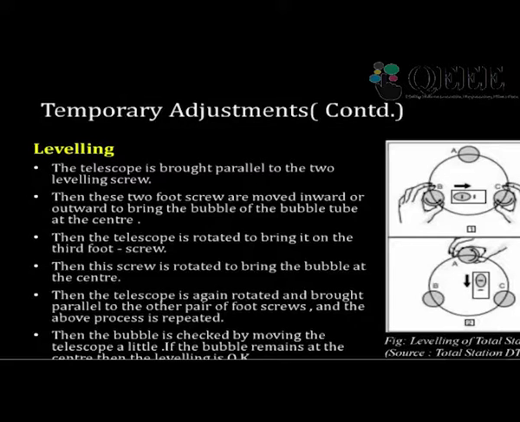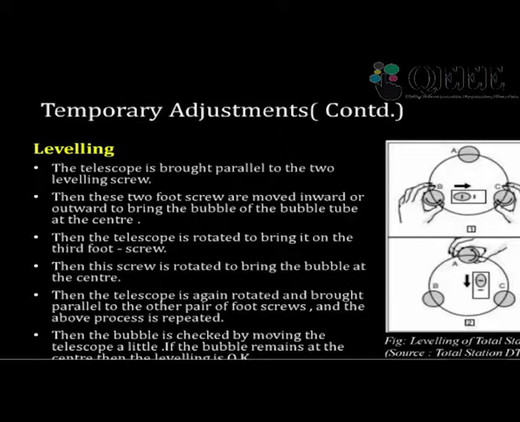Normally there are three screws. You have to make sure the telescope is parallel to any two screws, and you rotate the two screws either clockwise or anti-clockwise and make sure that the level is centered. Then turn the telescope 90 degrees from the original position and adjust the third screw either clockwise or anti-clockwise, and make sure that now the level is centered.